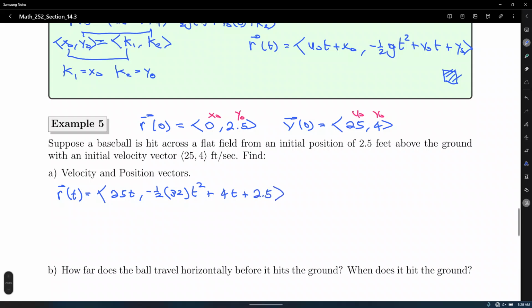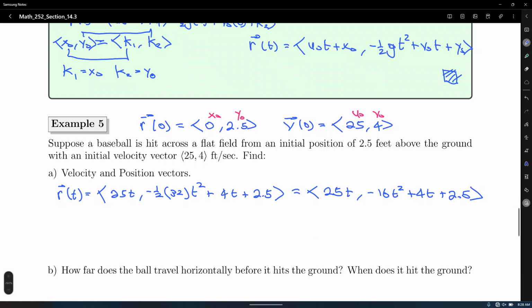That is our position vector. Simplifying, that is 25t, comma, negative 16t squared plus 4t plus 2.5.